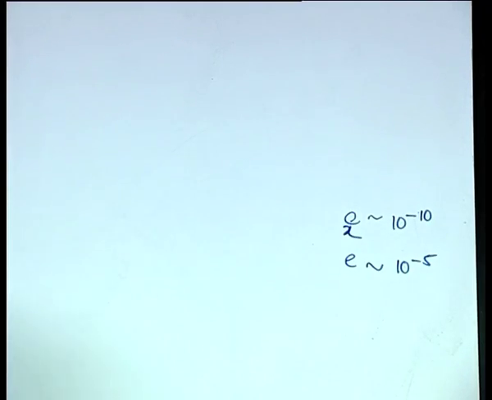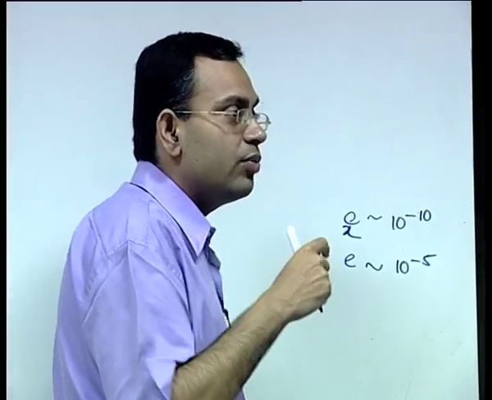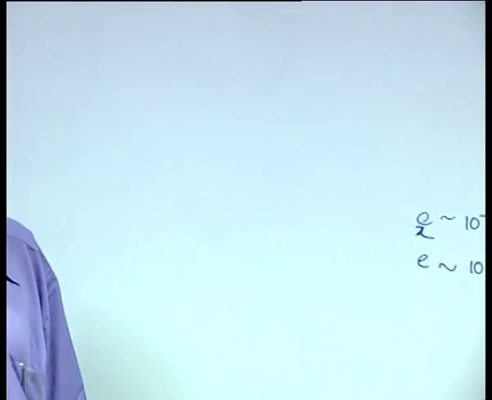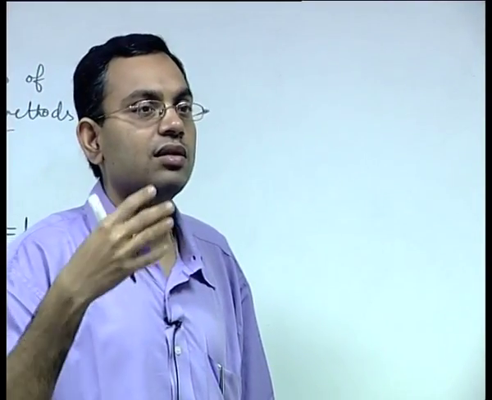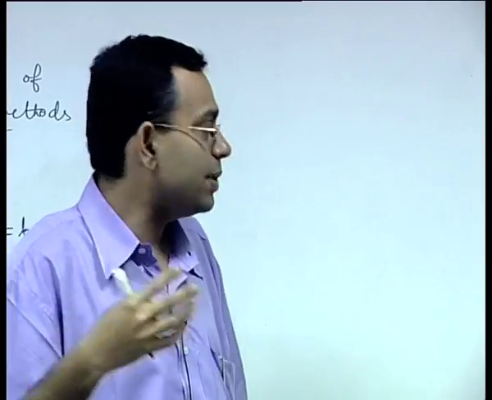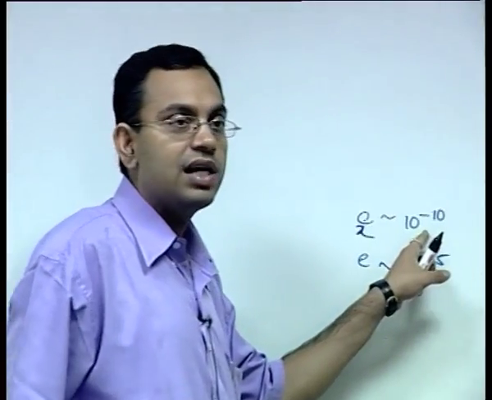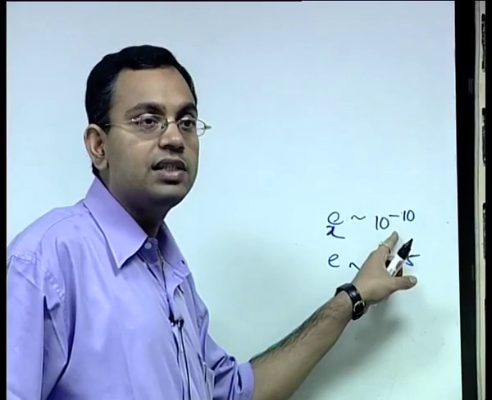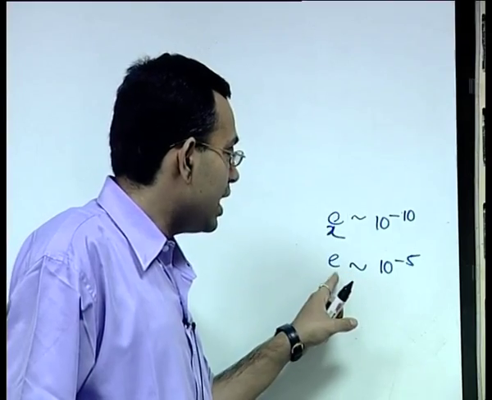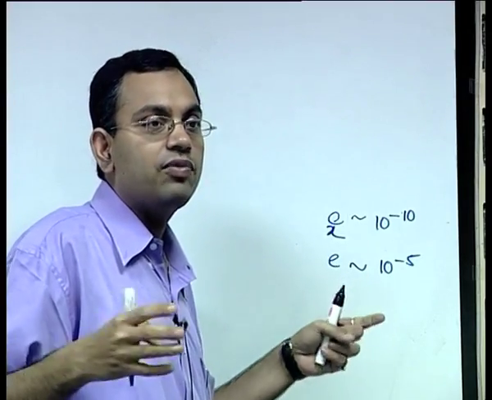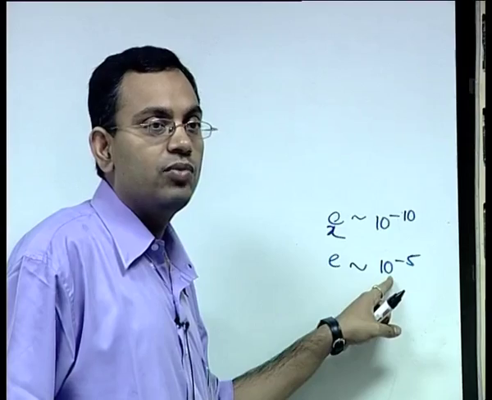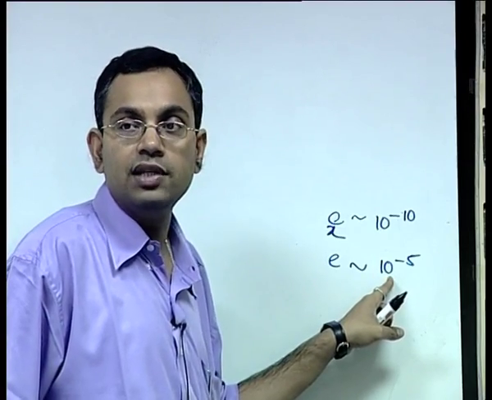Why? For example, let us say that you are dealing with a problem where you have dimensions of the order of atomic length scales, of the order of angstroms, then with respect to that 10 to the power minus 10 may not be negligible, whereas in another case you are dealing with lengths of meters, with respect to which 10 to the power minus 5 meter, with respect to 1 meter, may be negligible.